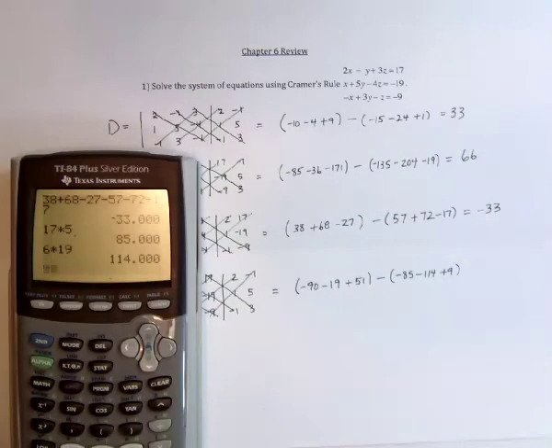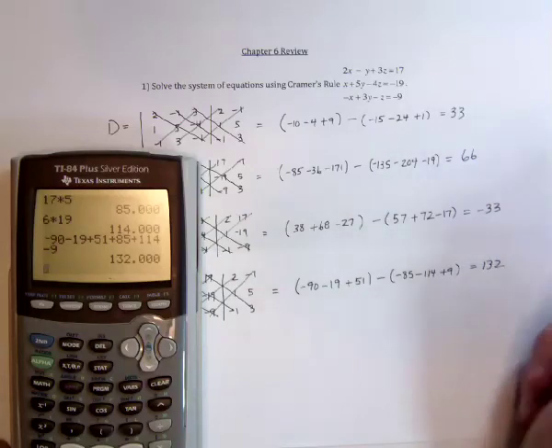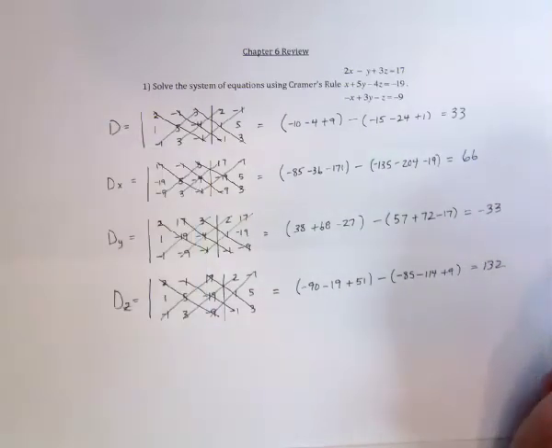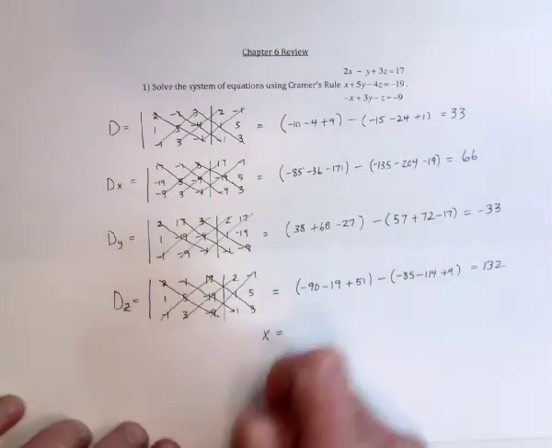Grand total, then plus 85 and plus 114 and minus 9. 132 positive.